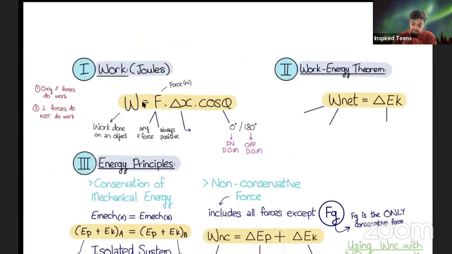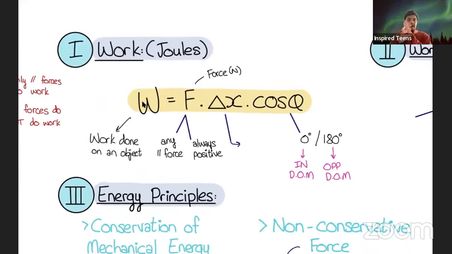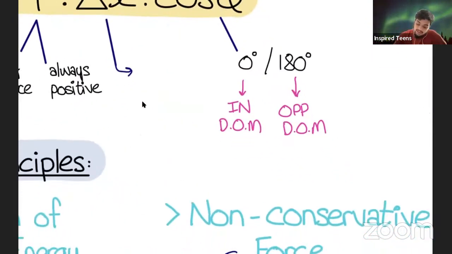Okay, so when we have an object that is moving in the direction of motion, we will use cosine 0. When we have an object that is moving opposite to the direction of motion, we will use cosine 180. If you put into your calculator cosine 0, you will see that the value is 1.